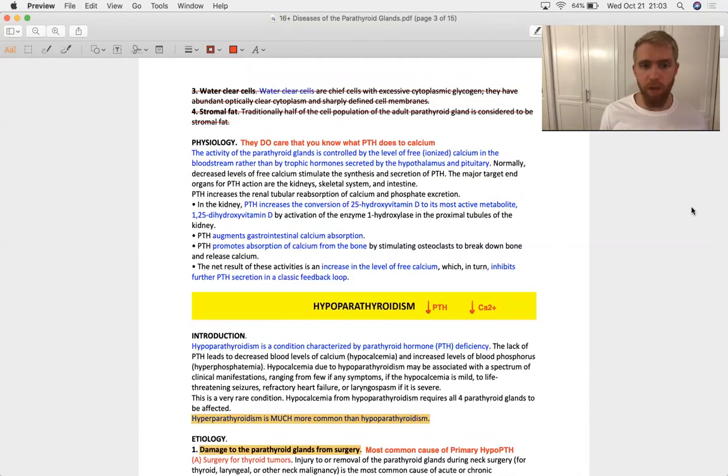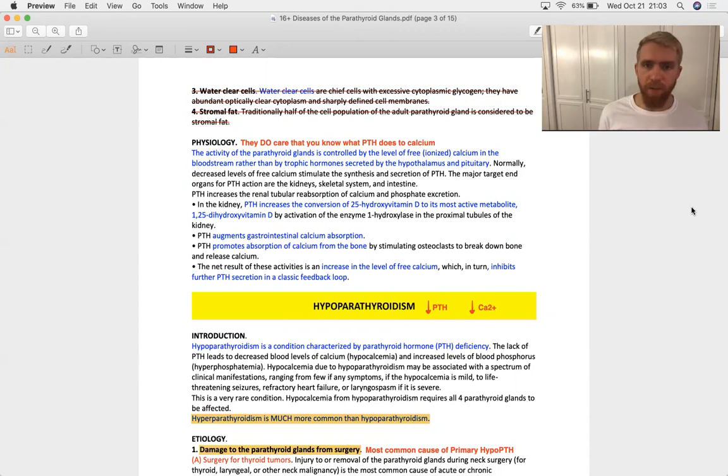PTH does something else in the kidneys. It acts on the tubules to manipulate ion reabsorption. So phosphate and calcium typically exist in an inverse relationship in the bloodstream, meaning when calcium goes up, phosphate drops, and vice versa. When calcium is low, phosphate's a bit higher in the blood. And the reason for that is because calcium has a positive 2 charge and phosphate has a negative 2 charge, amongst other things, I'm sure.